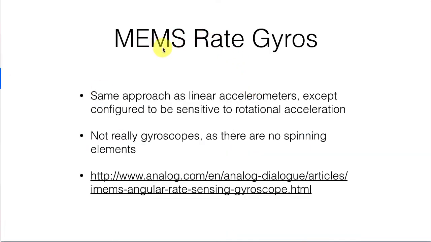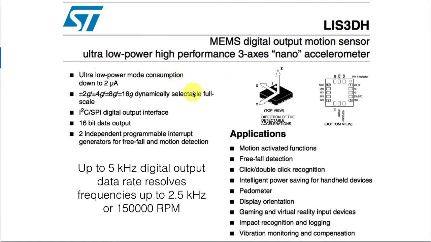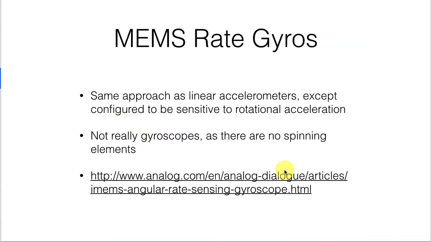If we, instead of making an accelerometer like this one, which senses linear accelerations, we could make a rotational accelerometer that would sense rotational accelerations. And these are typically referred to as rate gyros.